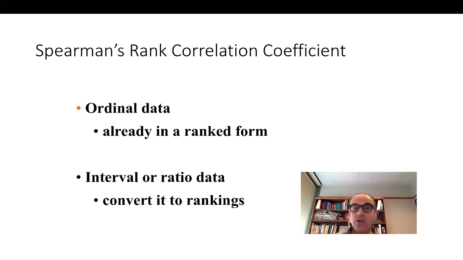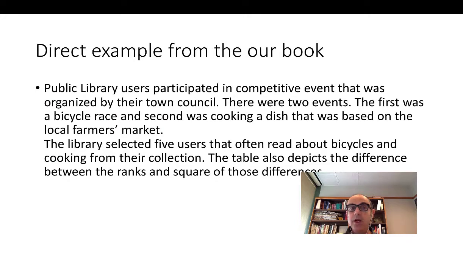And so we are talking about ordinal data, which has already been in rank form. So if we are talking about interval or ratio data, we convert it into ranking. So here is a direct example, again from our textbook. Public library users participate in a competitive event that was organized by the town council.